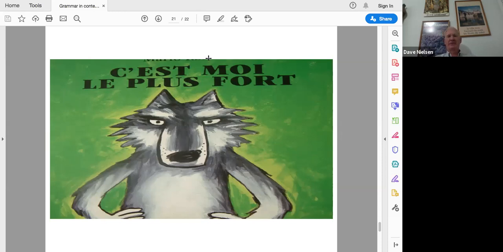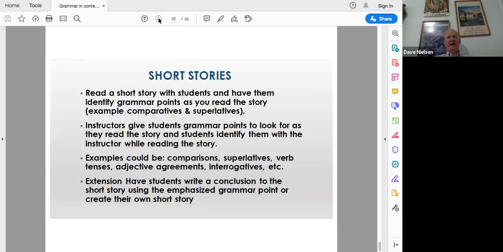So this is one way that I taught it, teaching with a little children's book, and we focused on the meaning. After they got the meaning, they were able to identify the grammar point. So if you read a short story with the students and have them identify a grammar point as you read the story, for example comparatives and superlatives, instructors give the students grammar points to look for as they read, and students identify them with the instructor while reading.